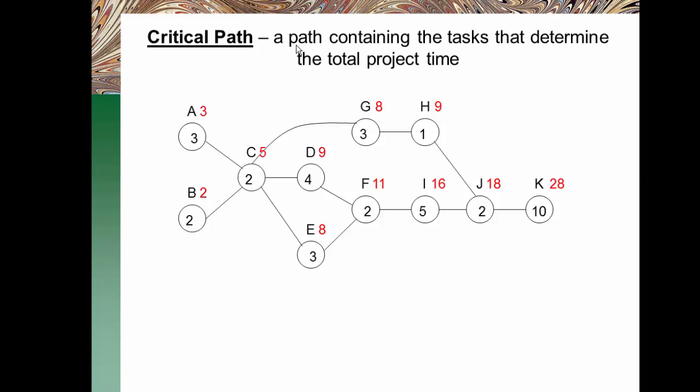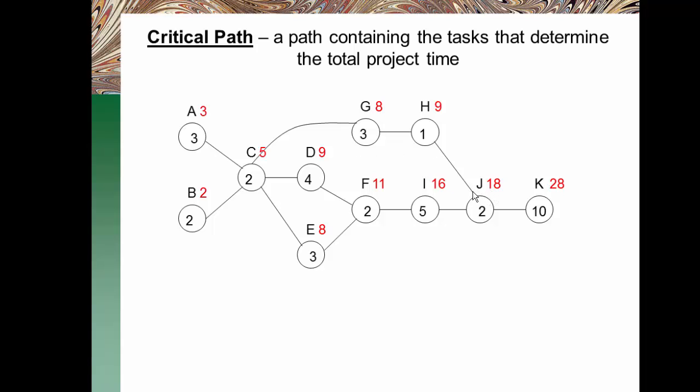Here we define the critical path, which is a path containing the tasks that determine the total project time. If we want to make any improvement, let's say, for example, we want to improve from 28 days to 27 days, we can either improve task K from 10 to 9, or we can improve some of these previous tasks.